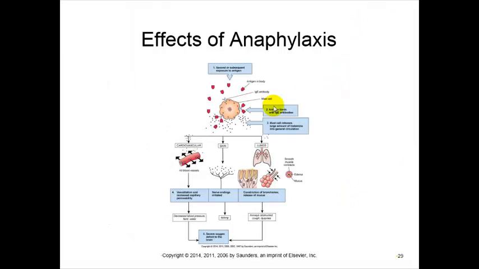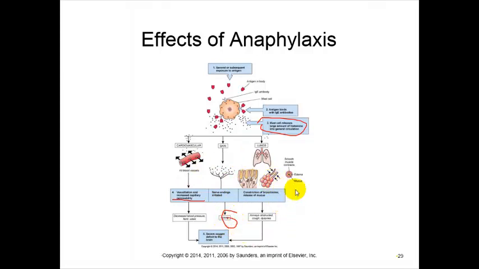You can see it's just a storm of histamine. We've released this histamine storm, and it's going to cause blood vessels to dilate and increase permeability. It's going to cause lots of inflammation, swelling, edema. It's going to cause nerve endings to be irritated and cause that itching.